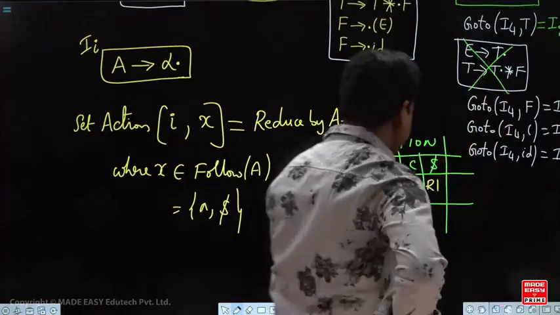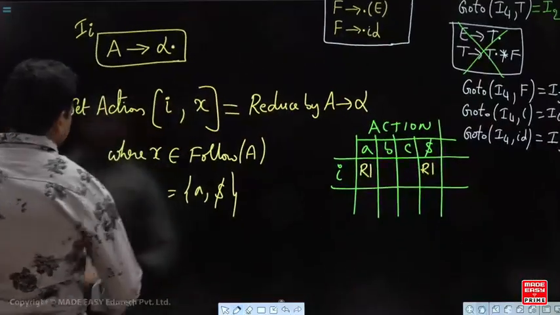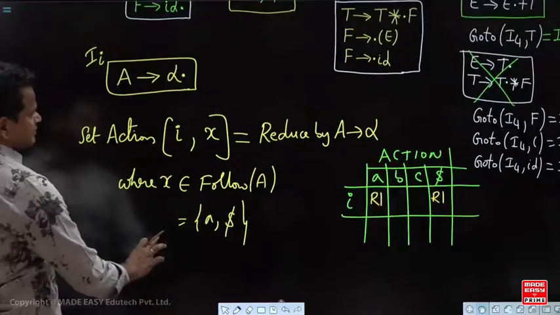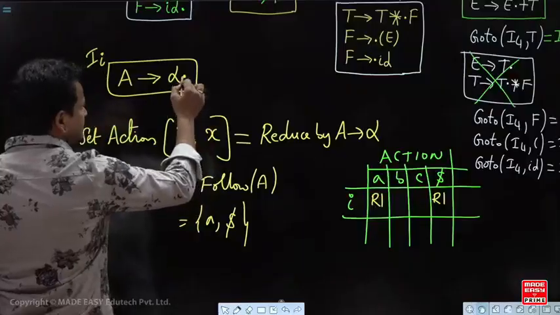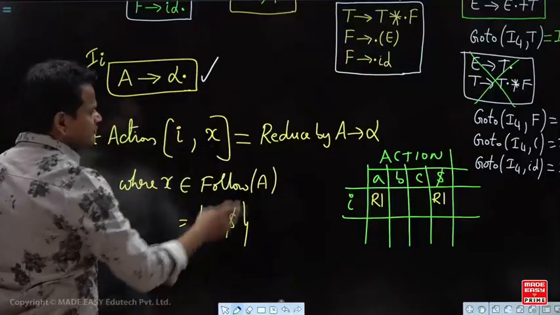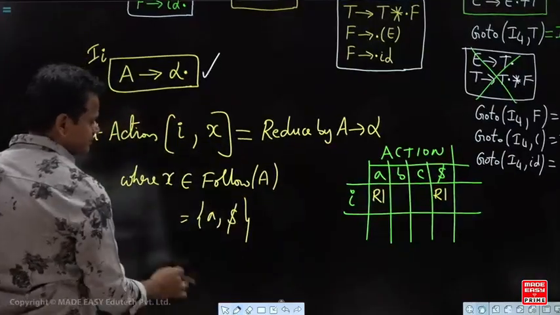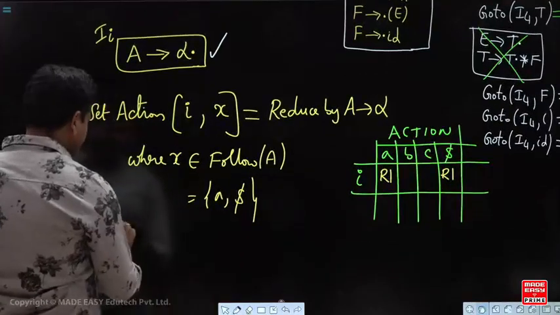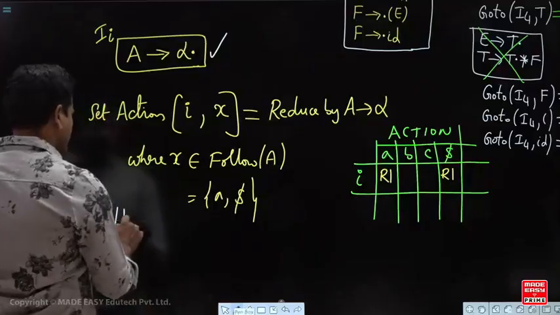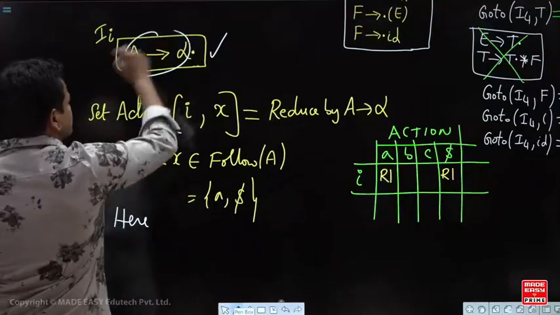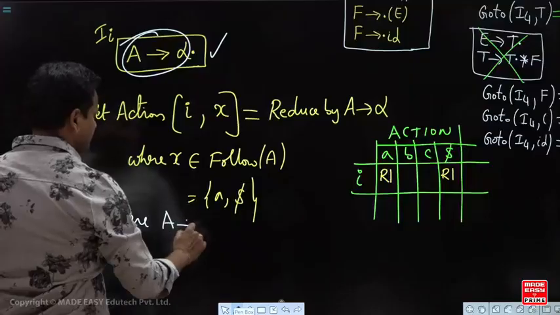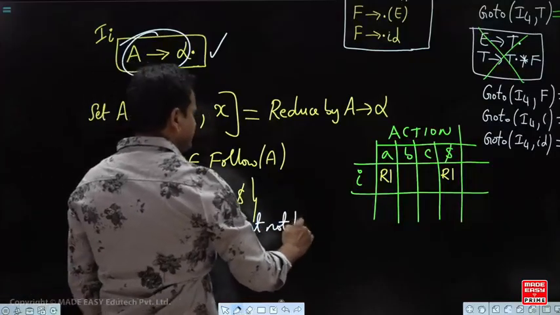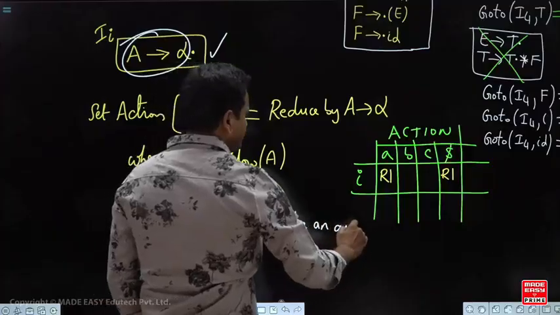Okay. Now look at this. Here there is a condition. For any final item, we write the reduce, we enter the reduce. But what is the condition here? The condition is, whatever production you are taking, here A goes to alpha dot must not be an augmented production.